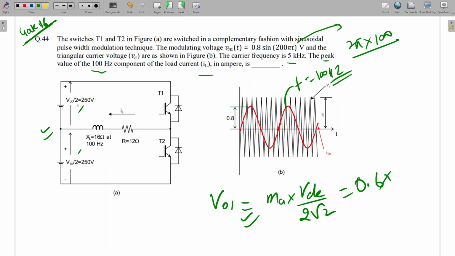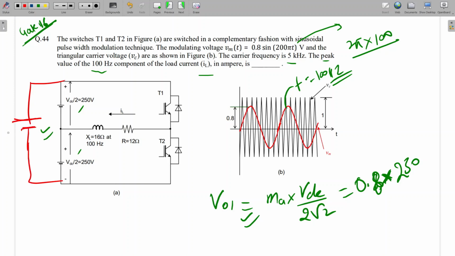VDC by 2 is already given here, so we will take VDC by 2 here. MA is 0.8. So 0.8 into VDC by 2, how much? 250. We have to be careful here. If this kind of VDC is given, here only we make the mistake.